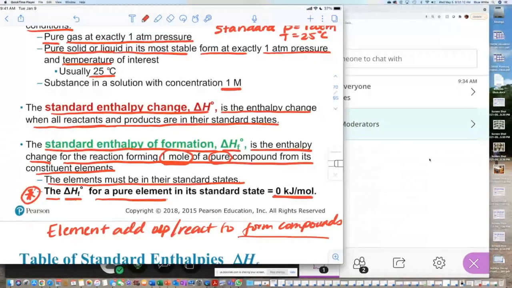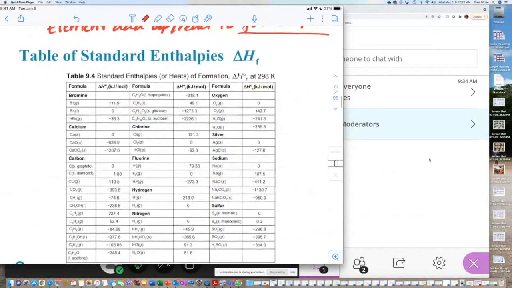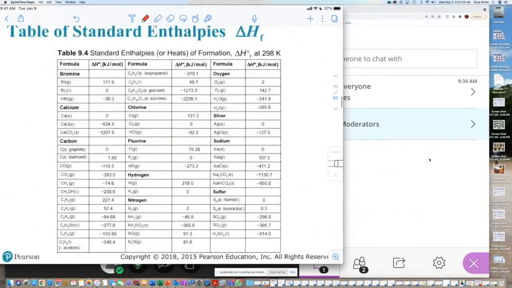But the ingredients by themselves, there's no energy required to form them. That's what it says here. The delta H for the formation, which is delta H is the heat of formation for the pure element, only if it's in standard state, is 0 kilojoules per mole. Okay, I think I've over-explained that. Now let's look at this table here.